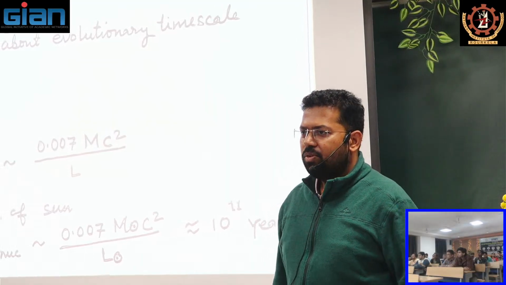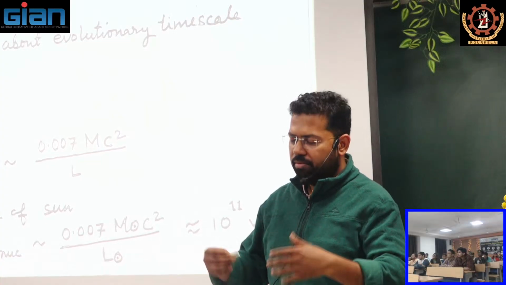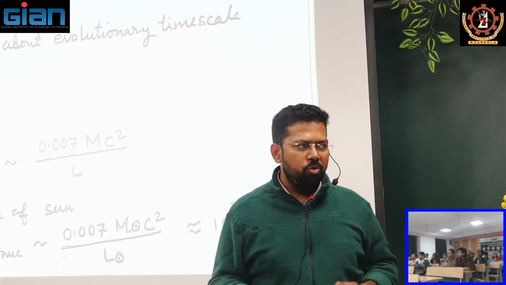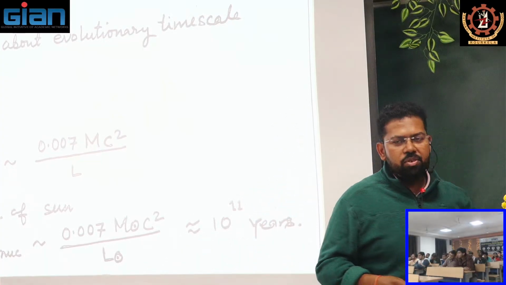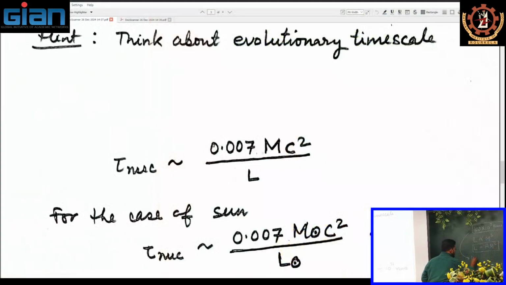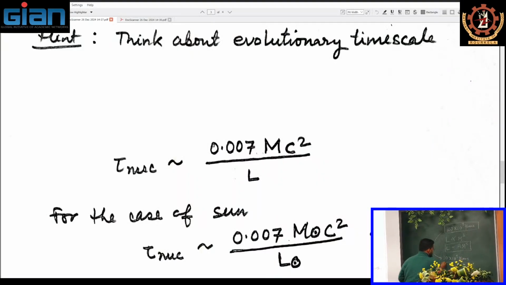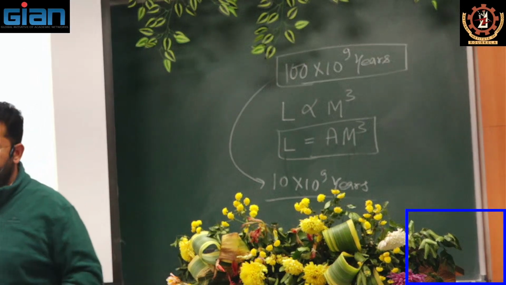Okay, so now if I say only 10% material is available for hydrogen burning, for nuclear burning in more general, then what will happen to this number? Now this number will reduce to 10 billion years. Now it appears it's a reasonable value.